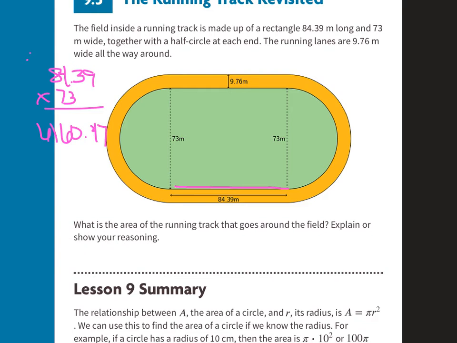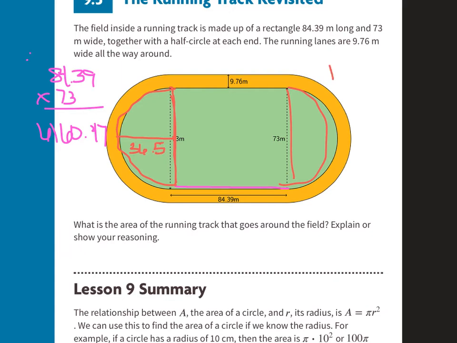Now we need to find the area of the circles here. So this half circle and this half circle. Well, 73 is my diameter, so to find my radius, I'm going to divide 73 by 2. So 73 divided by 2 is 36.5.